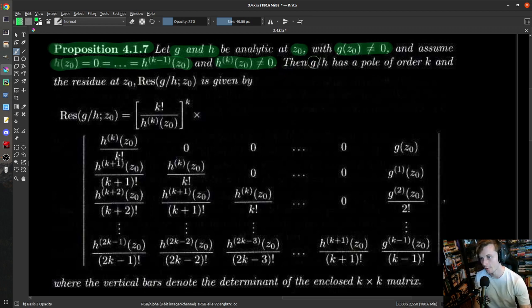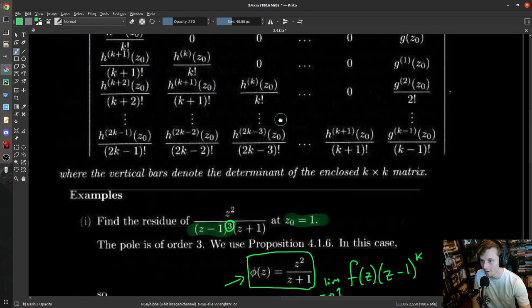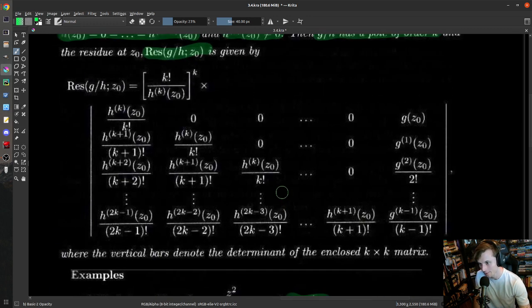So this is G over H having a pole of order k, obviously, and the residue of G over H at z naught is given by, and this is a beautiful formula, so cool, k factorial divided by the kth derivative of H at z naught to the k times the determinant of this crazy matrix.